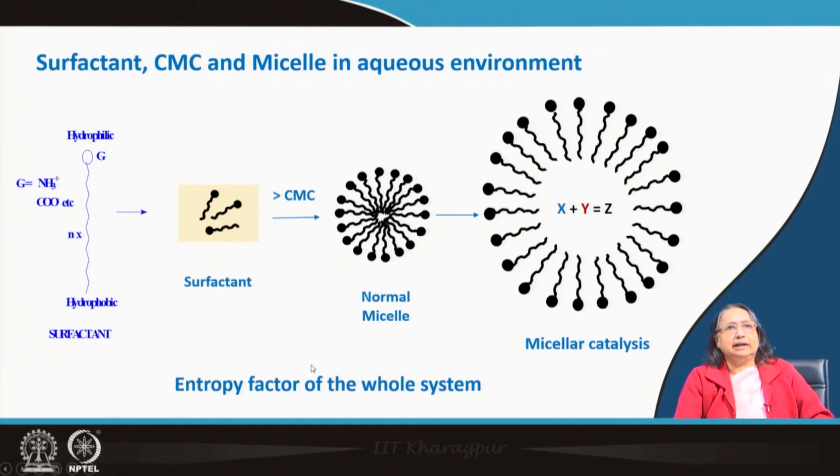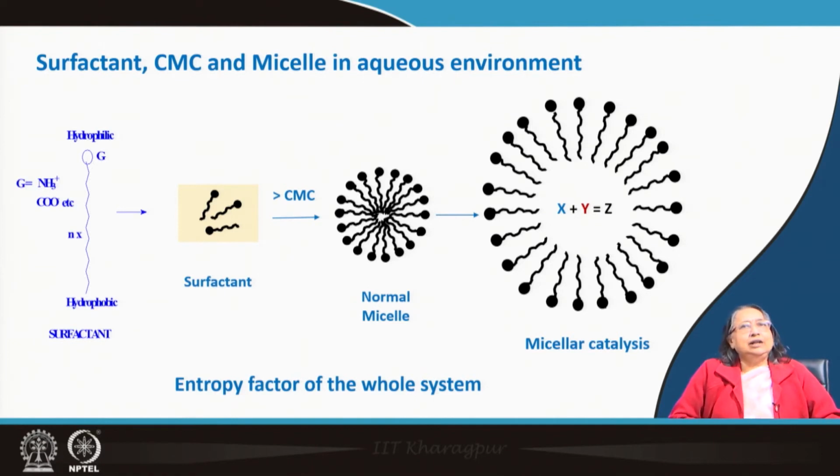Now, the entropy factor. You may say that this is a little away from catalysis, but you may ask why micelles are formed, because in a natural process entropy always increases. But here, when the micelle is formed, entropy should decrease, which is opposite to our concept. How to explain this?